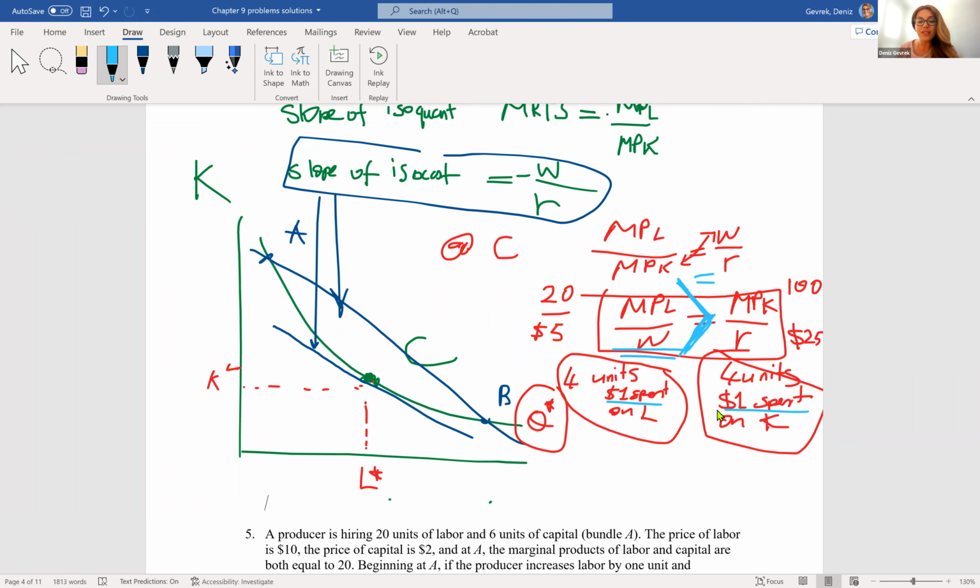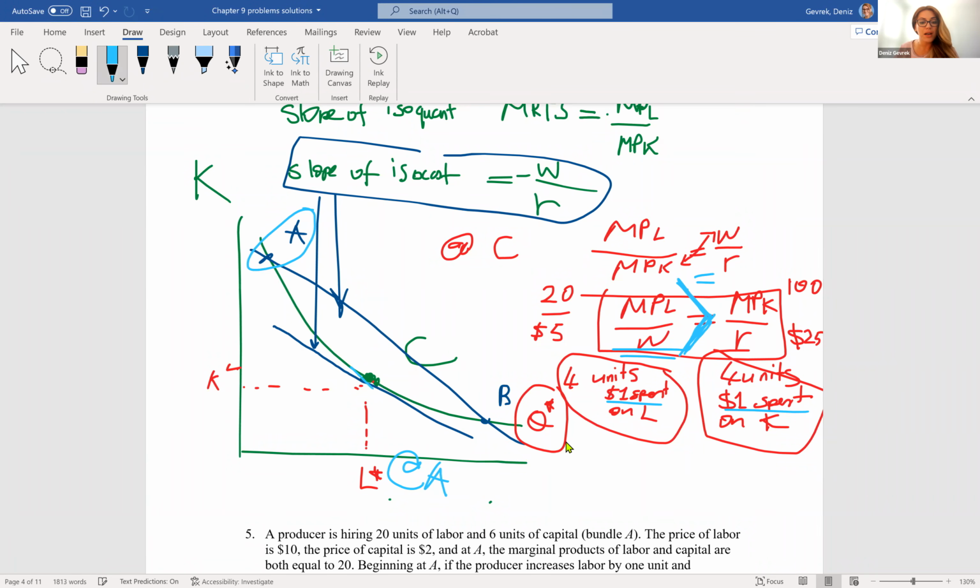Okay. So let's say this happens. When does this happen? Right here at point A, what's happening here? The slope of my isoquant, this green one, I'm just decluttering it.